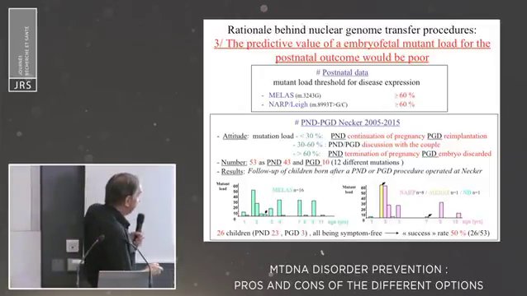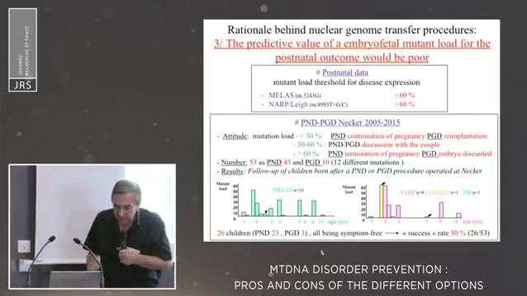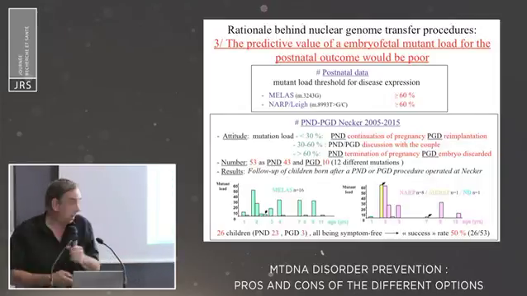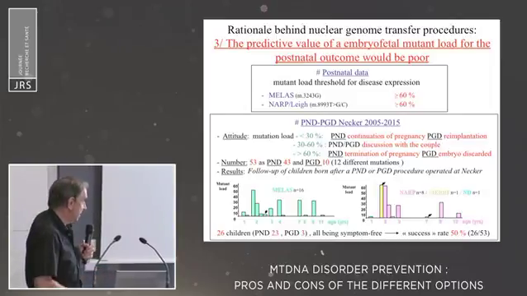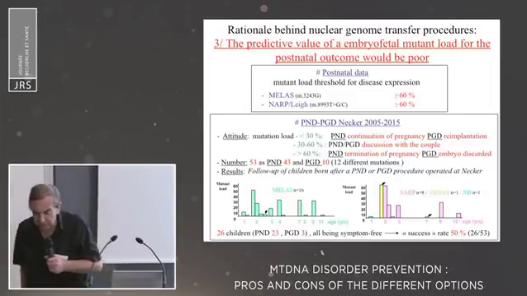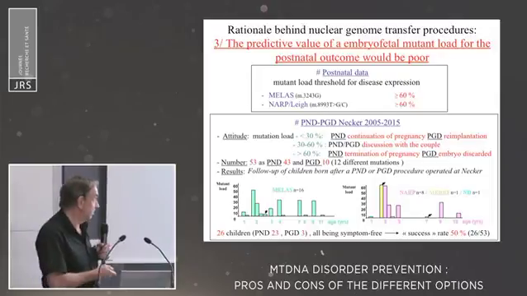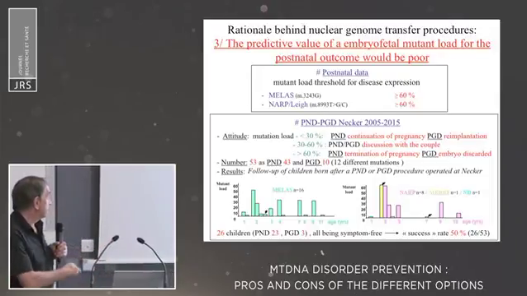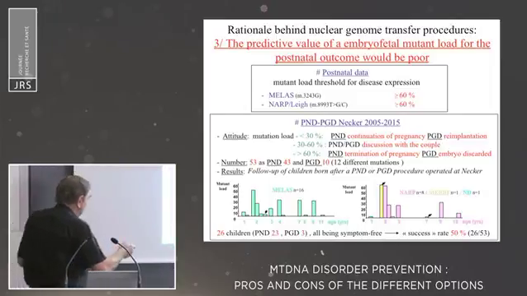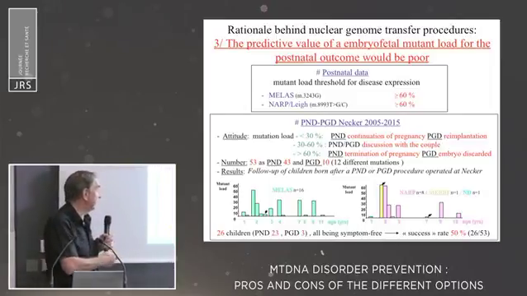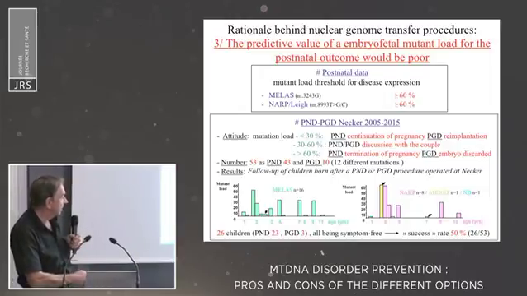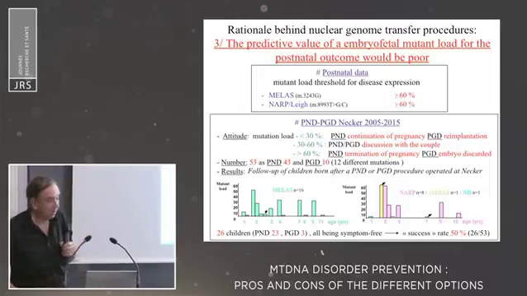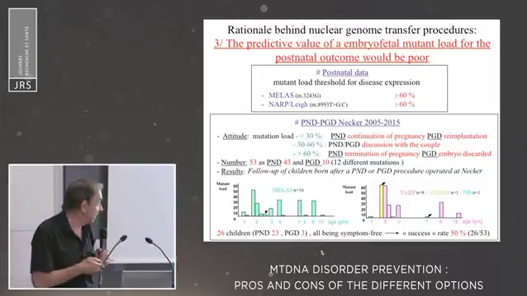On the left panel are Miller's children, and on the right panel, NARP, MERRF and ND subunit of complex 1 children. On the x-axis is the level of mutant load, and on the y-axis the age, and each bar depicts a child.